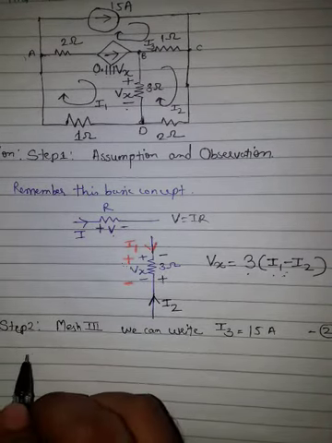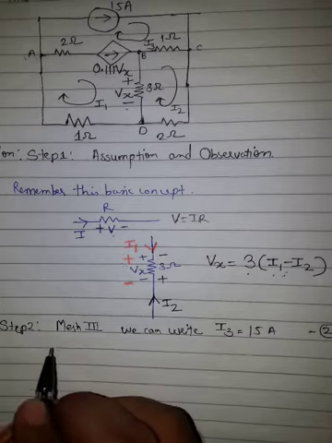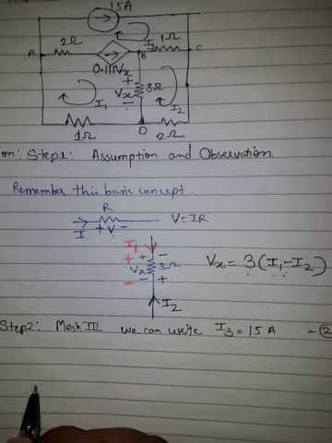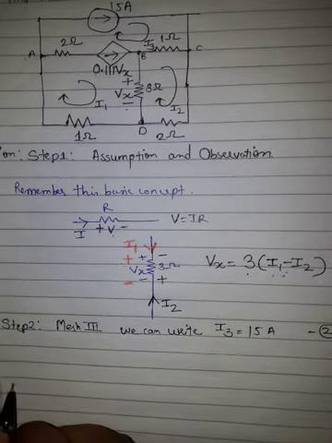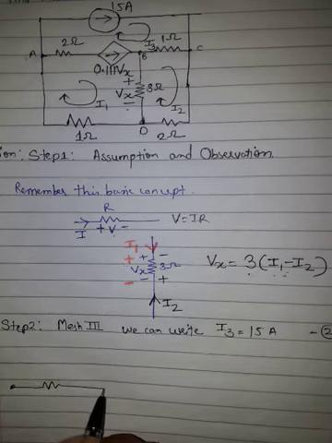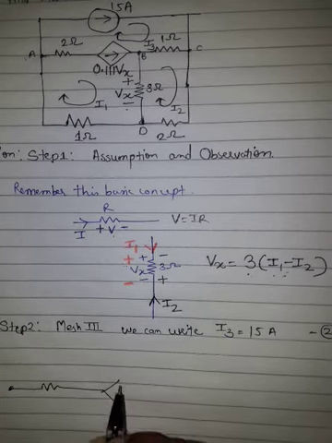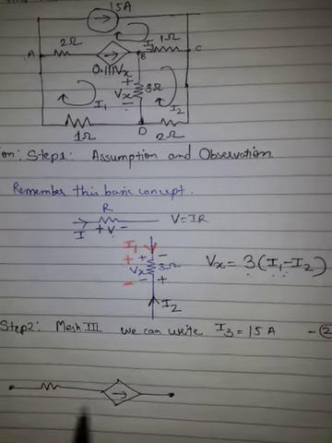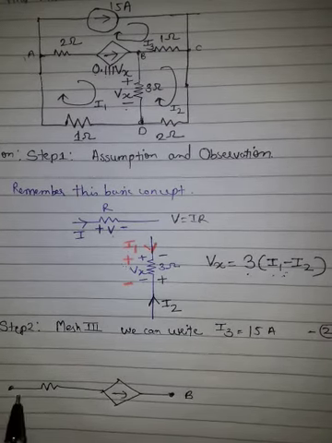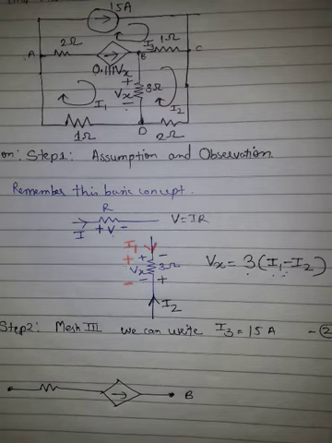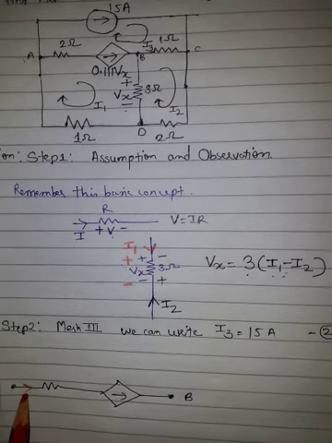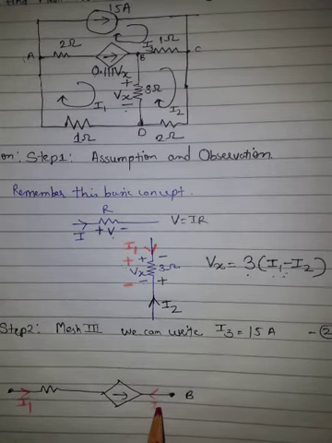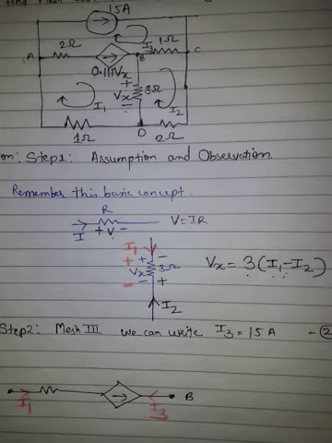I'll redraw it for you. So this is A, this is B. This current I1 is flowing in this direction and I3 is flowing in this direction.